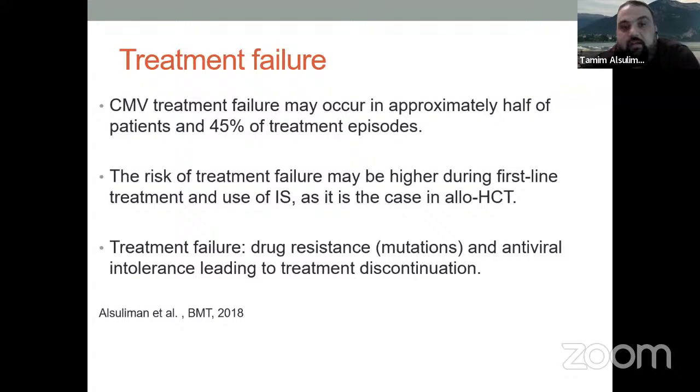The treatment failure may represent up to 45% of treatment episodes.